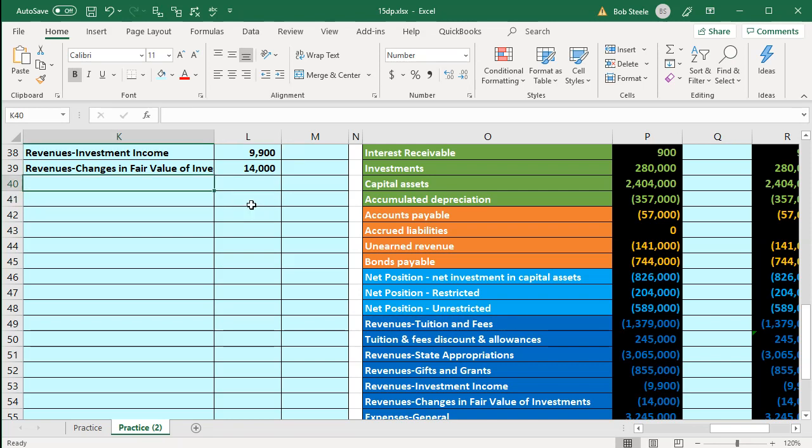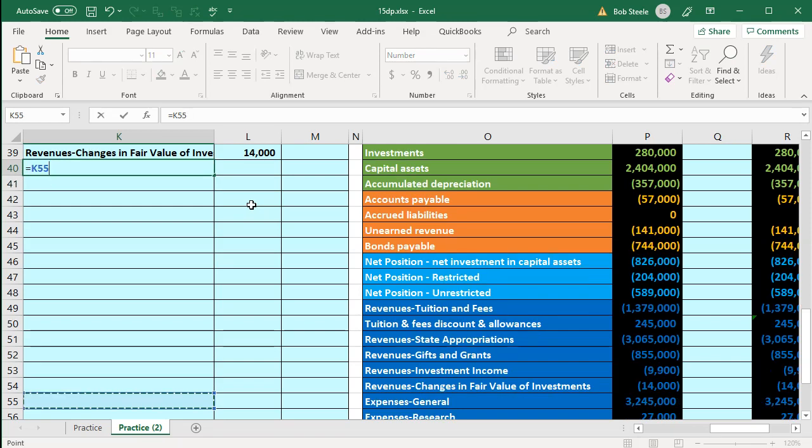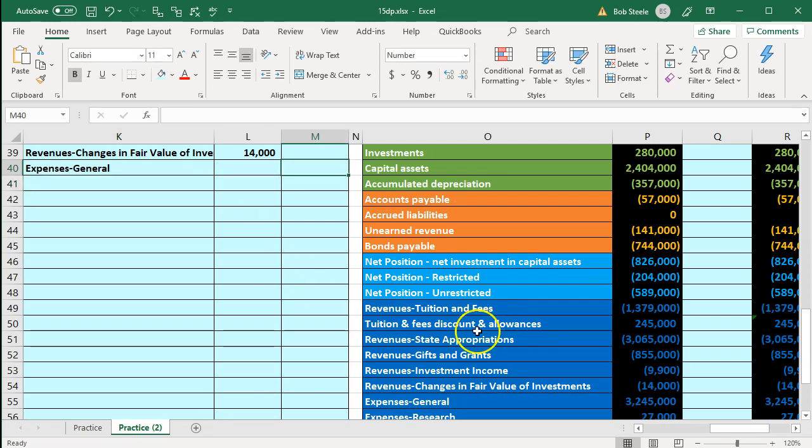And then continuing down the line, even though we are now in the expenses, we have the expenses for the general, enter. Now that is a debit balance, therefore we're going to do the opposite thing to it, a credit in cell M40. So within cell M40, I'm going to say negative of that number and enter.